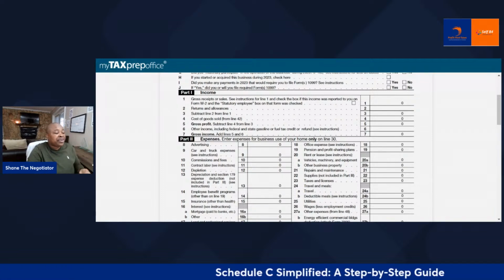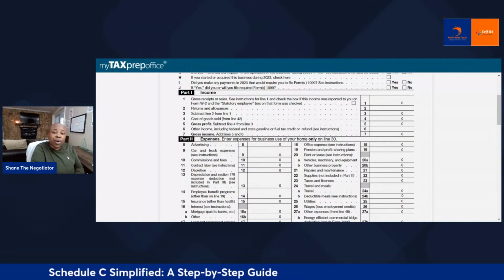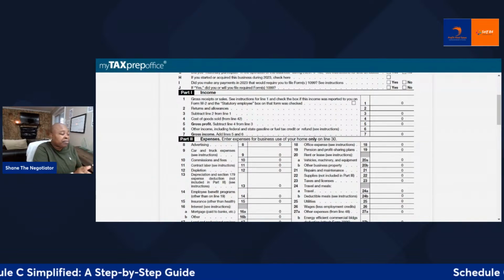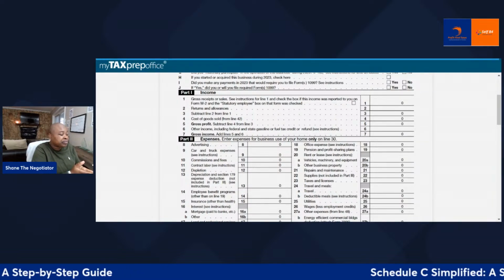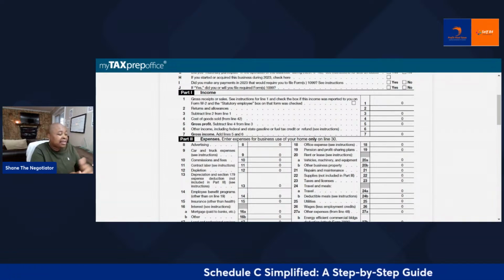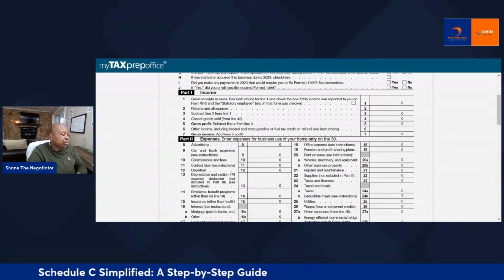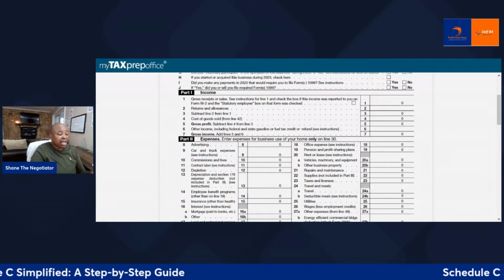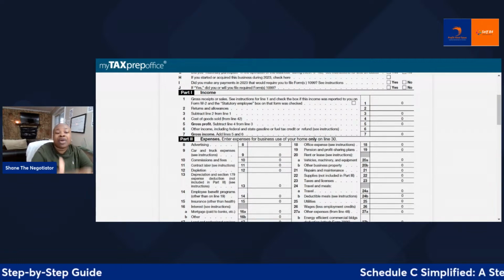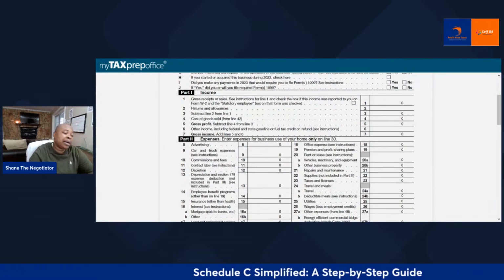Whatever your total amount is for your cost of goods sold, you subtract it from line 3, and then you're going to get your new total. So we're not worrying about that right now because you're not going to have a total yet. When you're first doing this, you have to get that number first, and then it's going to come back up and calculate that.